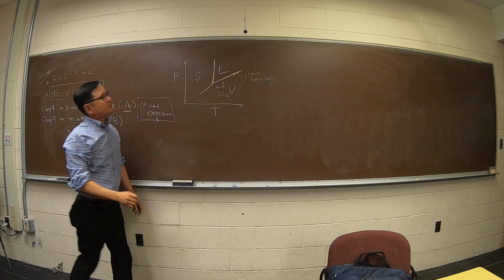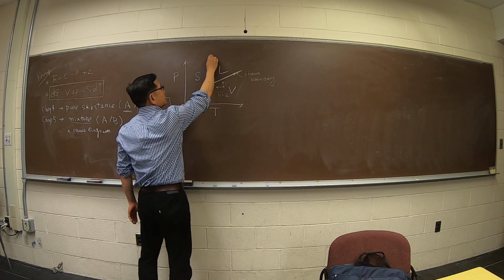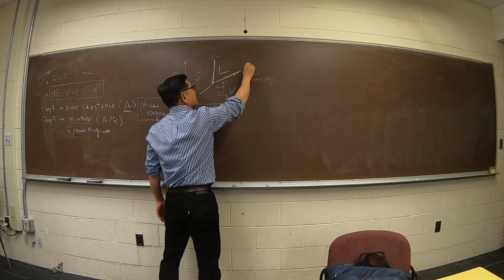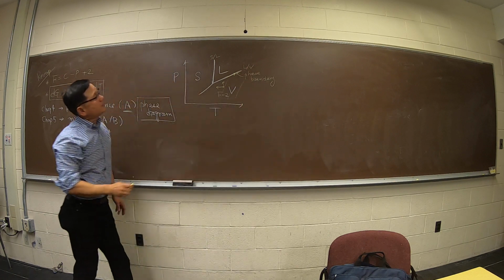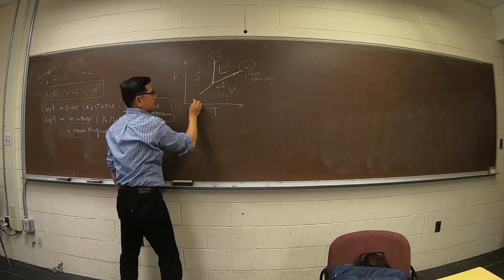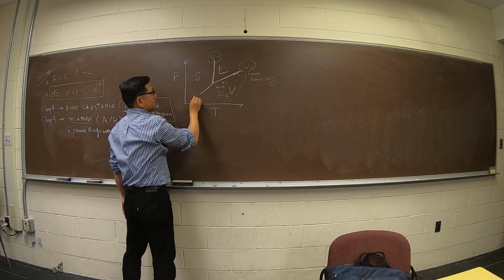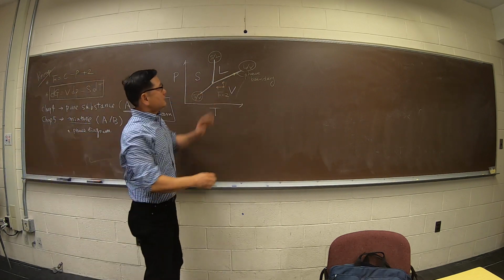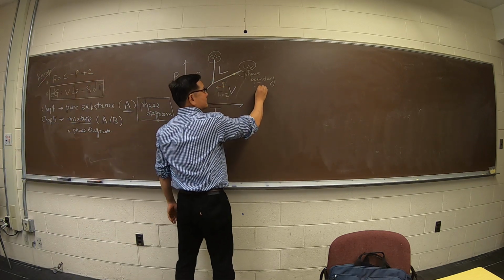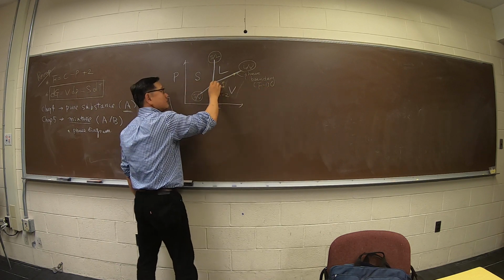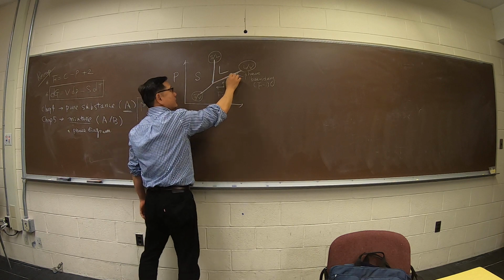So these are the phase boundaries. As you can see, this is the solid and liquid phase boundary. This is the liquid and vapor phase boundary. And these are the topics that we're going to focus on today. Once you figure that out, it's not a big deal to understand the solid-vapor phase boundary. So in understanding this phase boundary, your degrees of freedom is F equals 1, because in the phase boundary you can still move around.